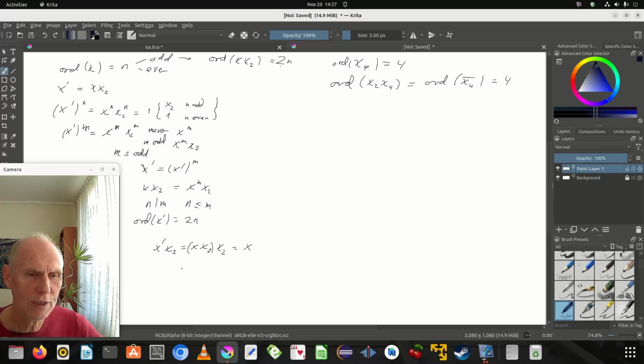That equals just chi. So the order of chi mark, chi mark, chi 2 equals the order of chi, which was n. So here we halve the order. The order is halved.